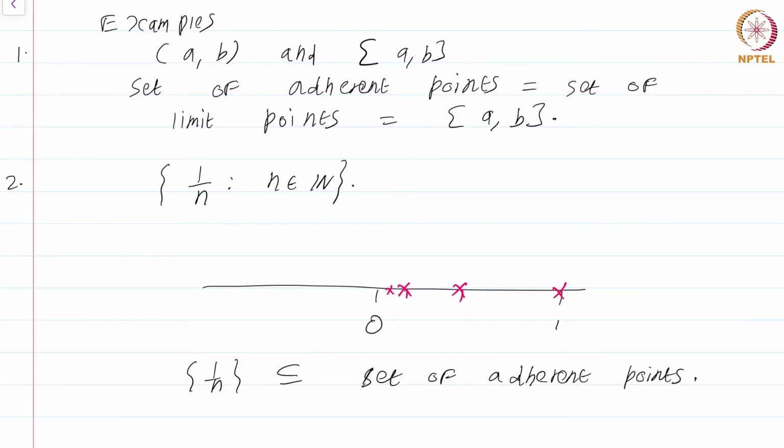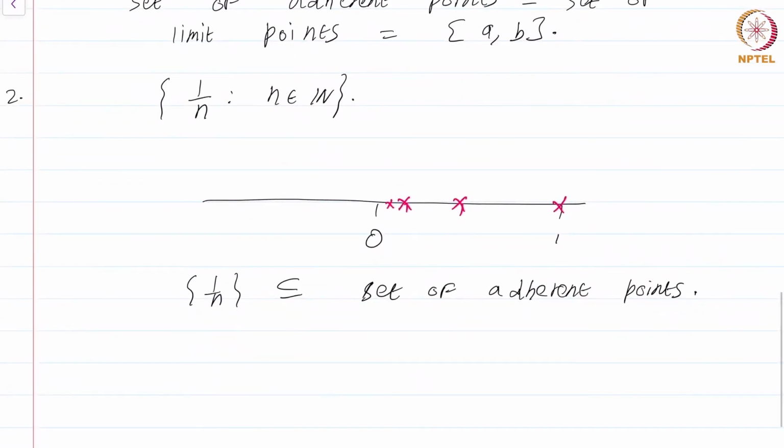Now it should be clear to you that if I take any one of these red points, the only sequence in the set 1/n that converges to this point is a sequence that is eventually all ones. The same is true for this point, which is half. The only sequence in the set 1/n that converges to half is a sequence that is eventually just half, repetitions of half.